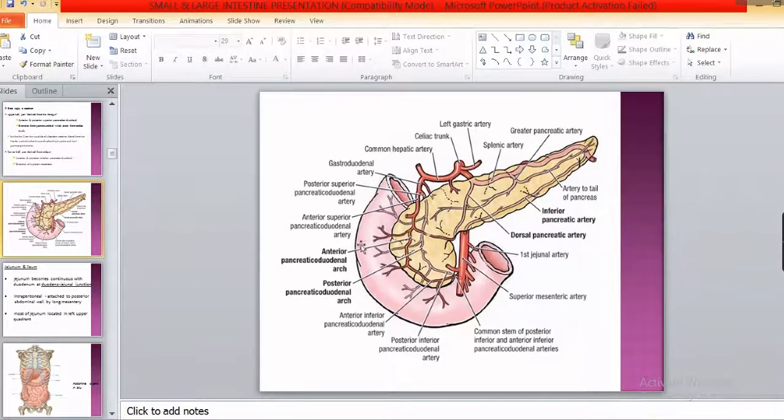So your incisions and resections should be done mainly on the lateral surface, because if you do that on the medial, you end up cutting off the supply running in that area between the head of the pancreas and the duodenum, where branches supply the duodenum.